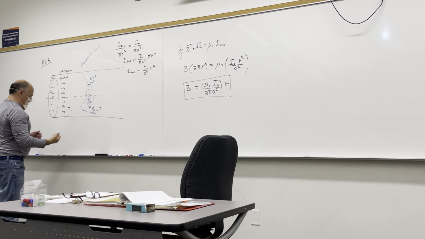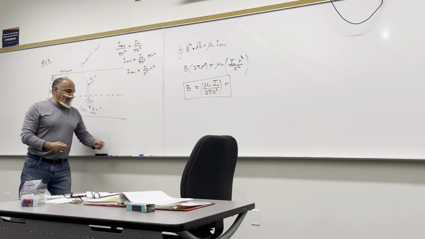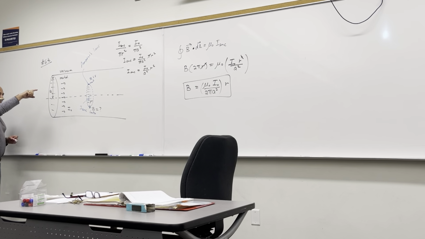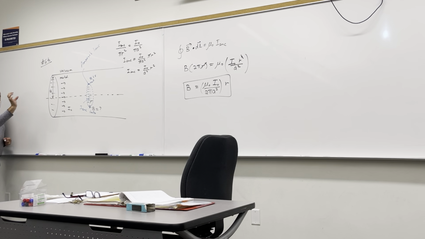So if I now look at this wire, with cross-sectional area pi a squared, the radius is a.